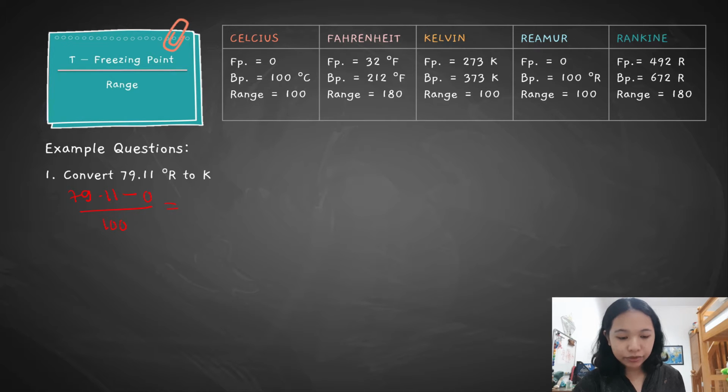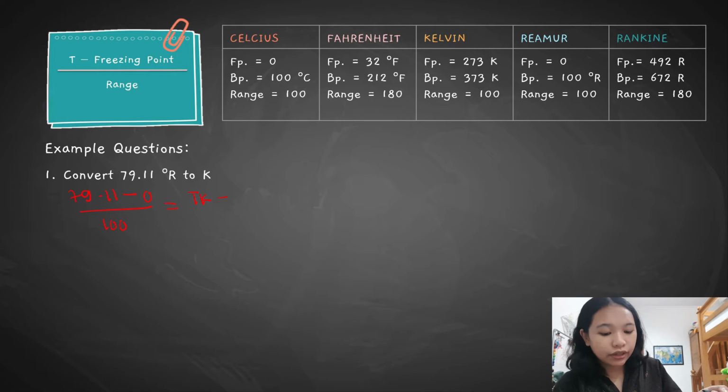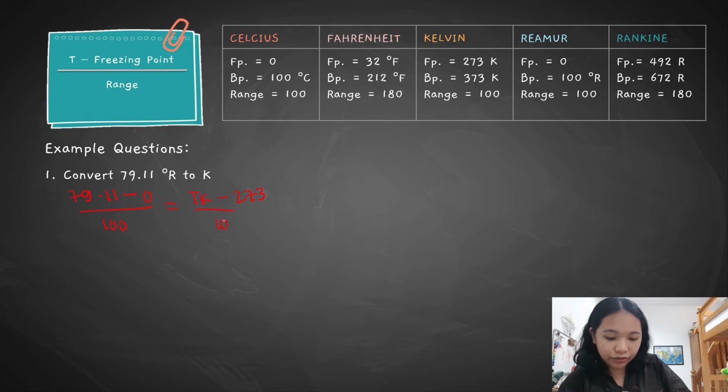write down the temperature in Kelvin that we don't know. So we write TK, or temperature in Kelvin, minus the freezing point of Kelvin, which is 273, over the range of Kelvin, which is 100. We can cancel out the 100, and then what we are left with is 79.11 equals TK, or temperature in Kelvin, minus 273.